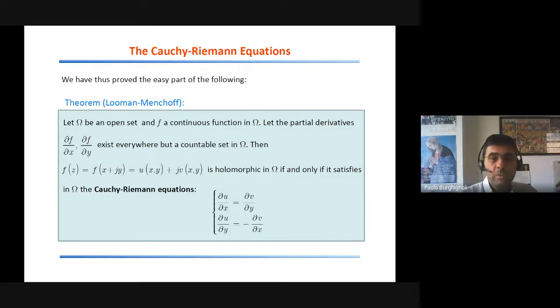So the Cauchy-Riemann equations in turn imply differentiability if you assume that your function is continuous and has partial derivatives almost everywhere.